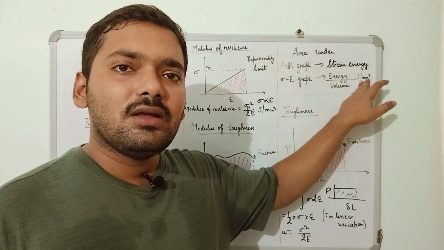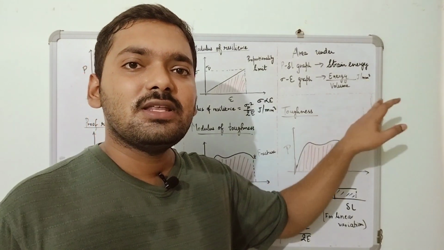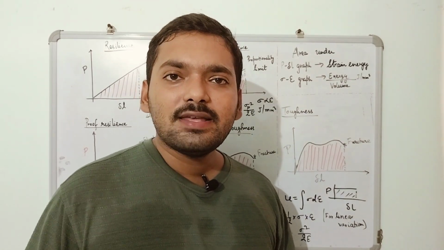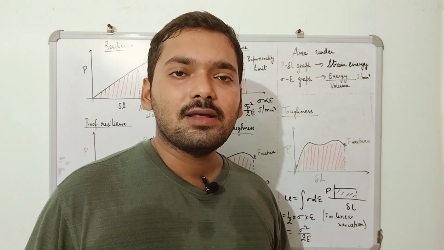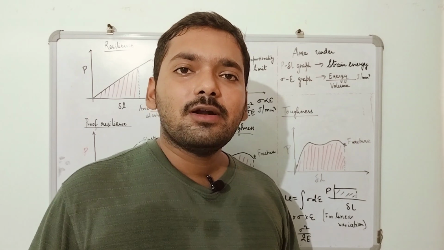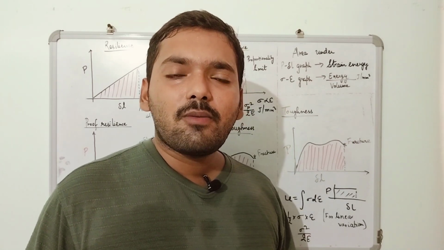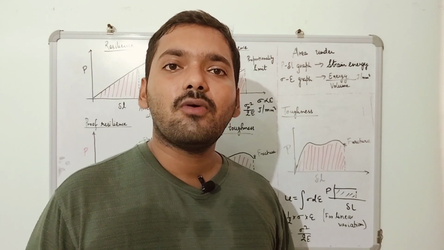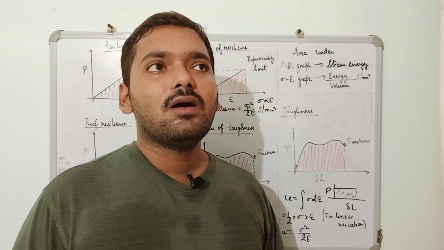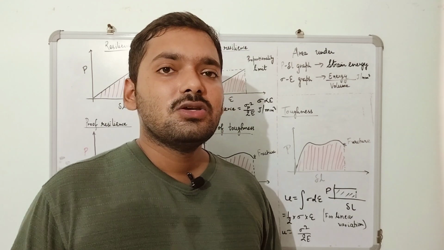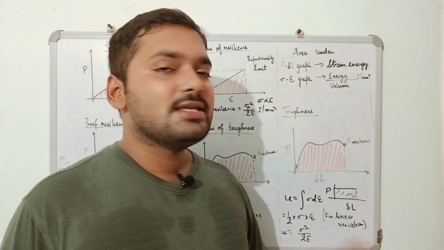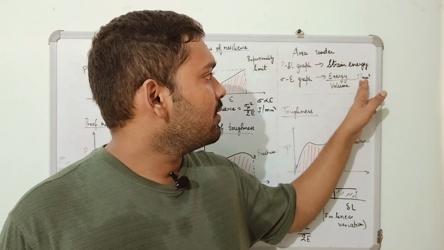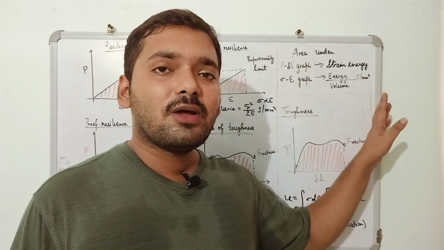So this gives us strain energy density. Just tell me one thing, what is density? Density is a kind of intensive property. And what is an intensive property? It is any property of a material which does not change with the quantity of the object. Let's suppose we take either aluminum, copper or steel, so their strain energy density will not change for a given load, and its unit is in terms of joule per mm cube.